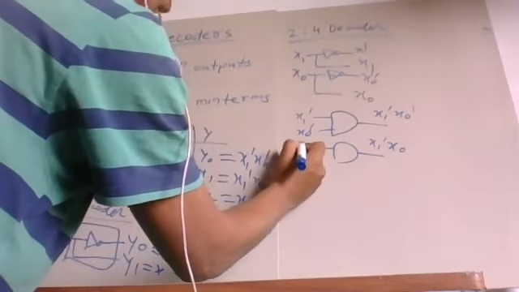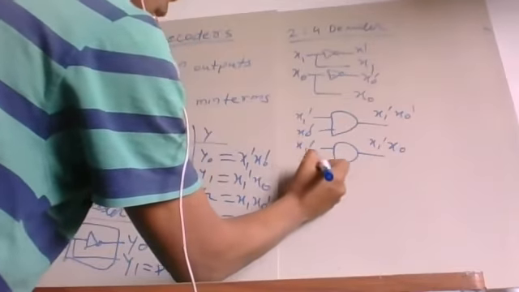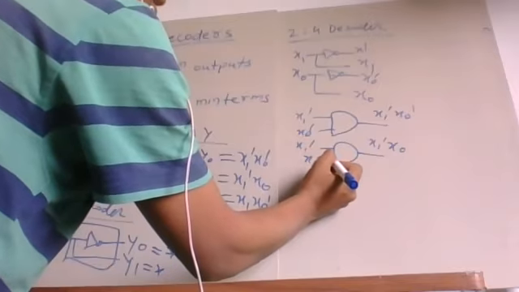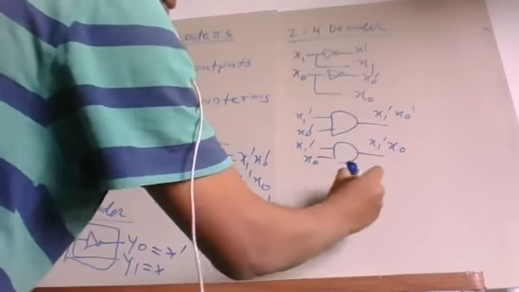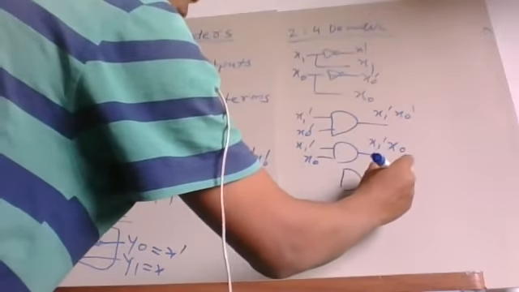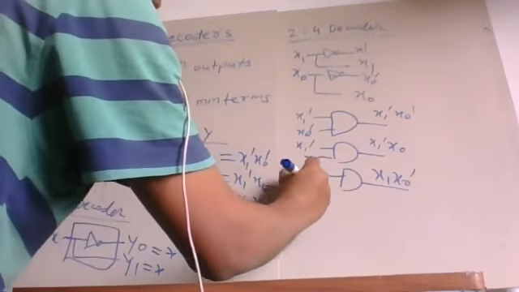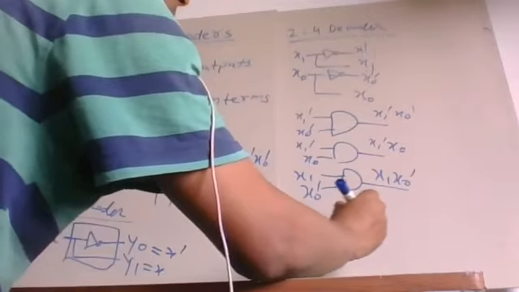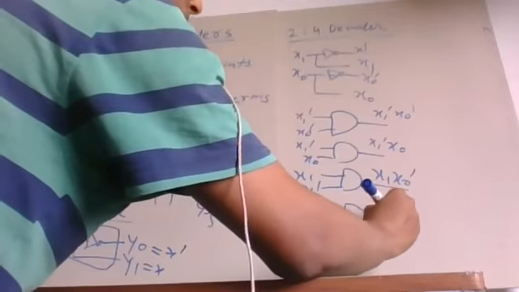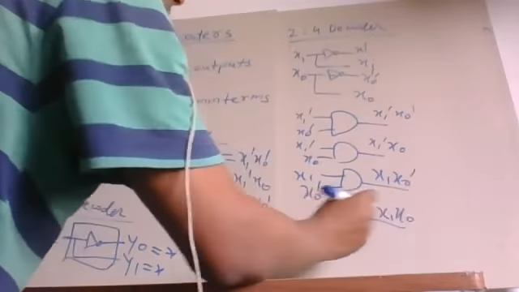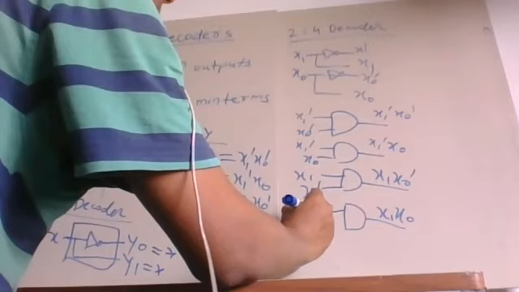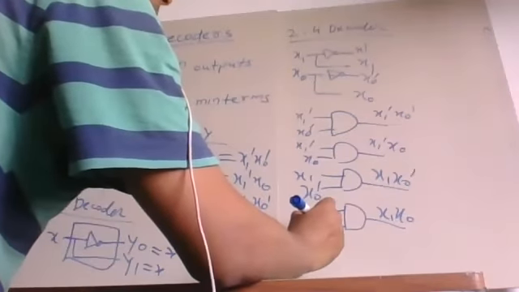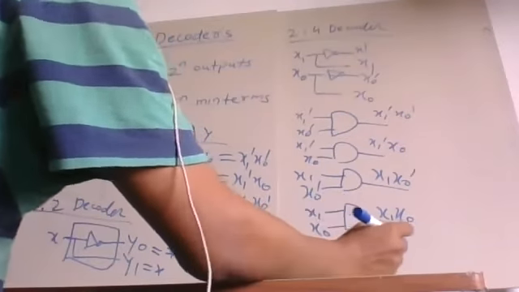So we will connect here x1 dash, x0. The third minterm must be equal to x1 x0 dash. So we will connect similarly x1, x0 dash, and the fourth minterm must be equal to x1 x0.